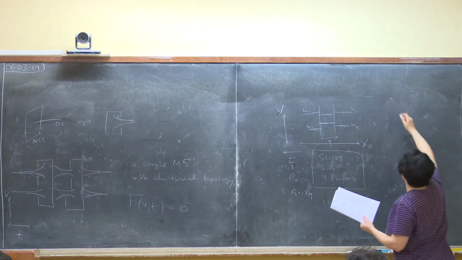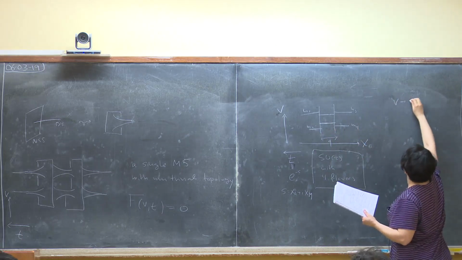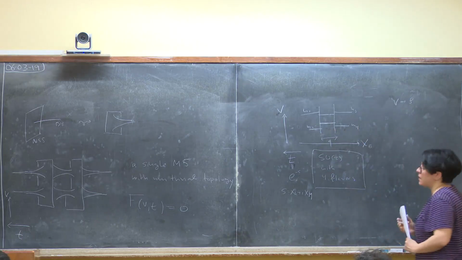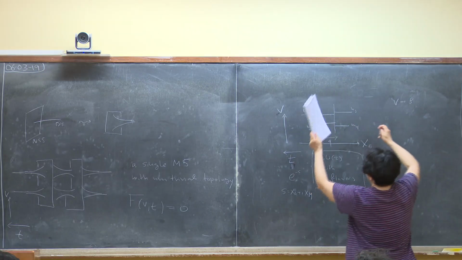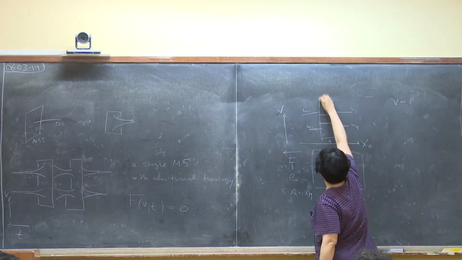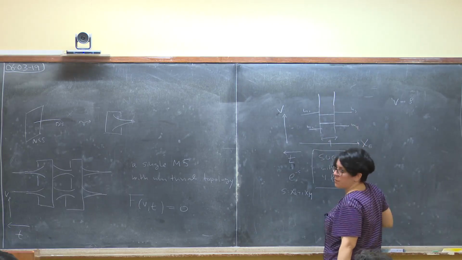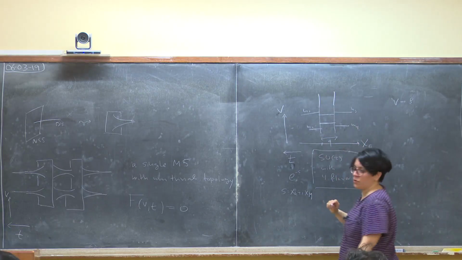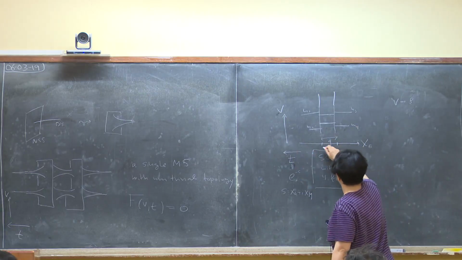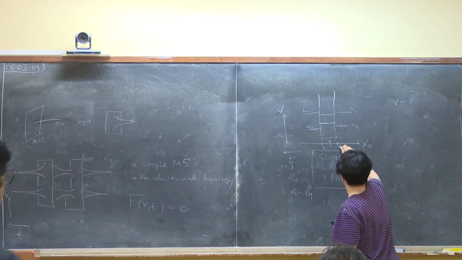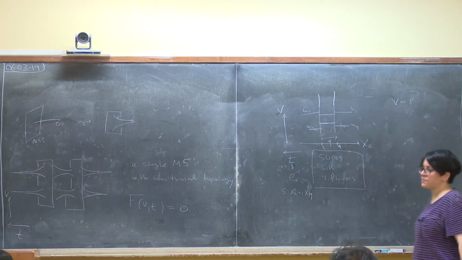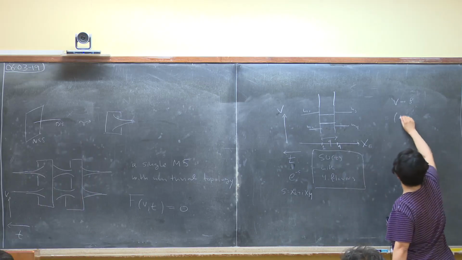Okay, let's do something very simple first. Let's go to v to infinity. When I go very high up, the only thing I see is this and this NS5 brane. So also I have the freedom to rescale this axis. So I put here 1 and here q. So what I will get is this.